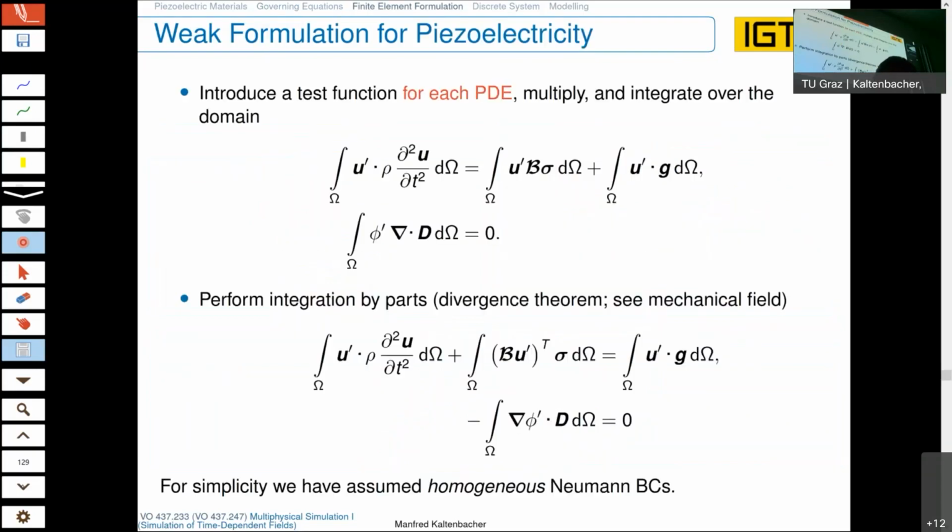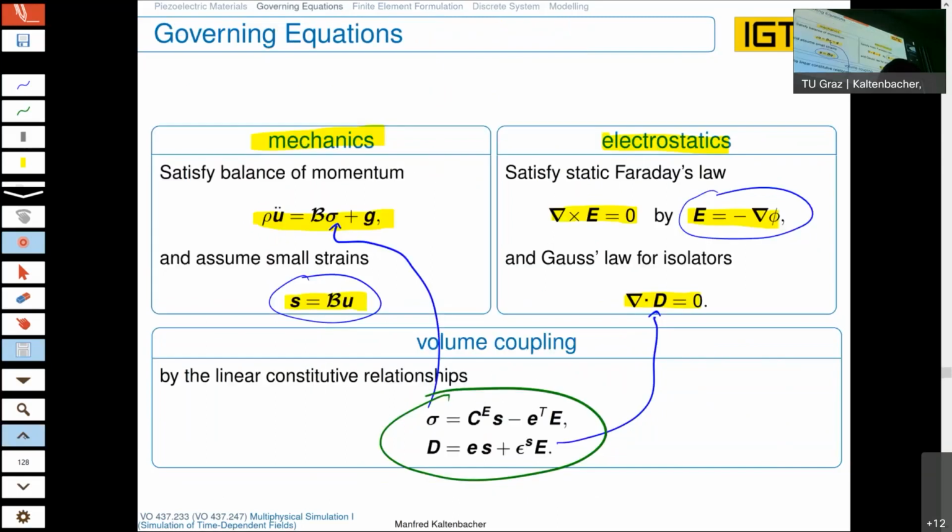Okay, so what we do now, when we do the weak formulation, is that we still use this partial differential equation written here for the second time derivative of the mechanical displacement.